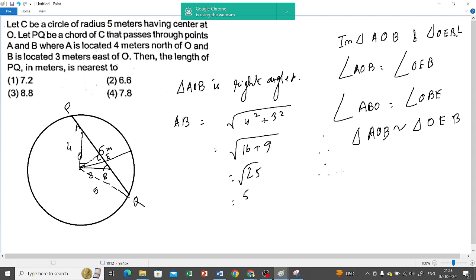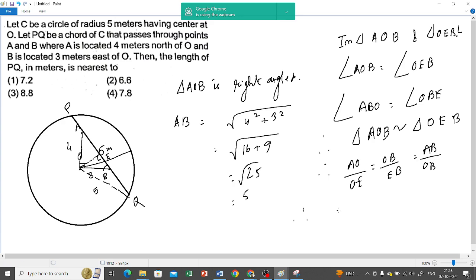If that is the case, then what is AO? AO by OE. Now I can say that the corresponding sides are proportional. AO by OE is equals to OB by EB is equals to AB by OB.